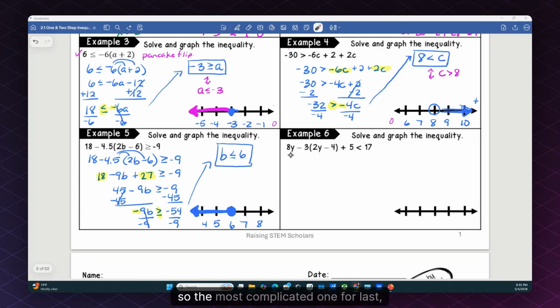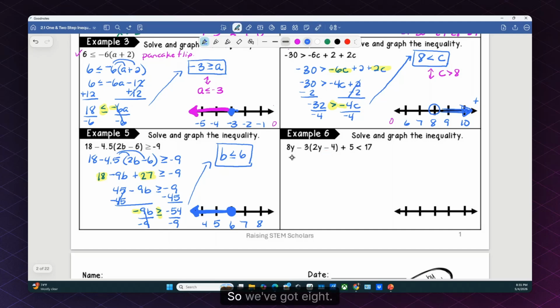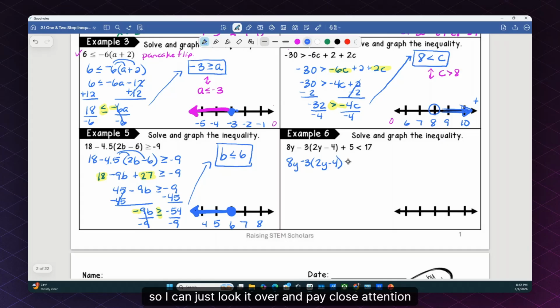Okay, so the most complicated one for last, we're going to tackle these parentheses first. So we've got 8y, and I'm going to write this down so I can just look it over and pay close attention to everything that's included in there.